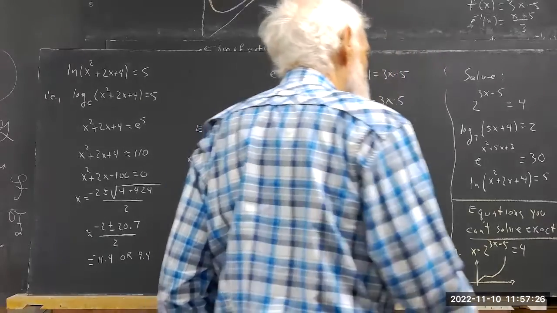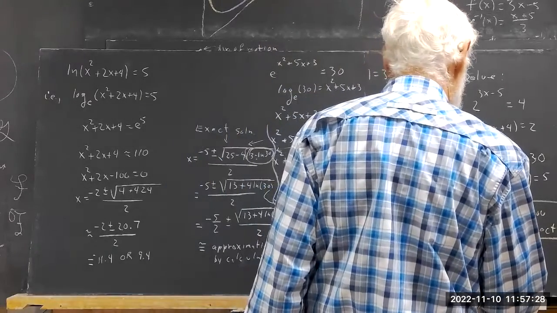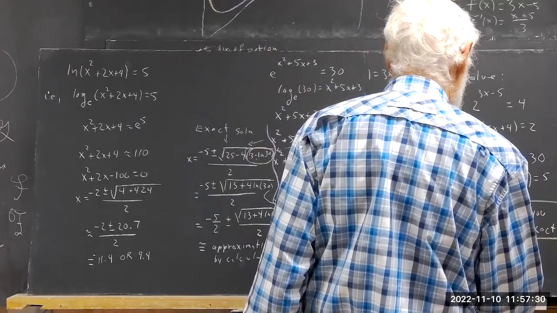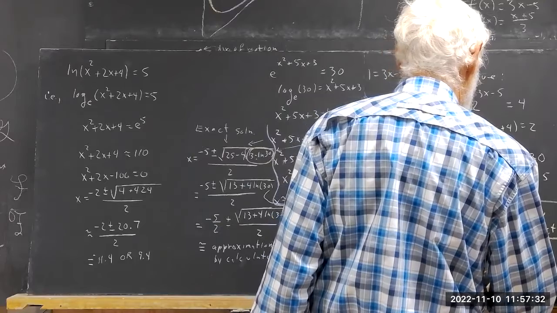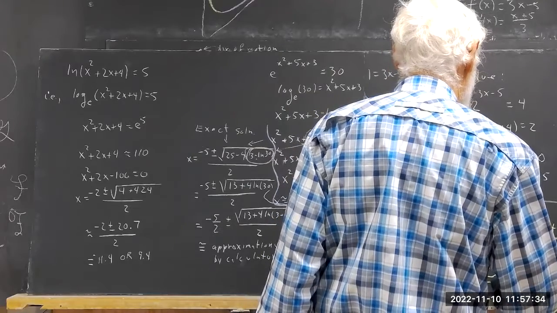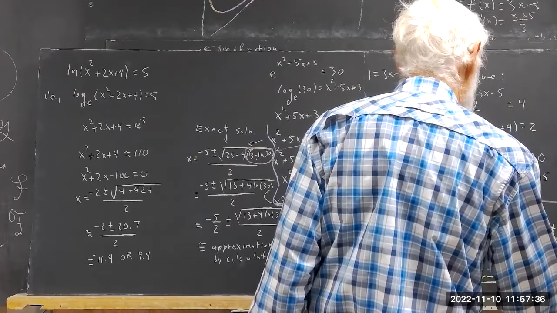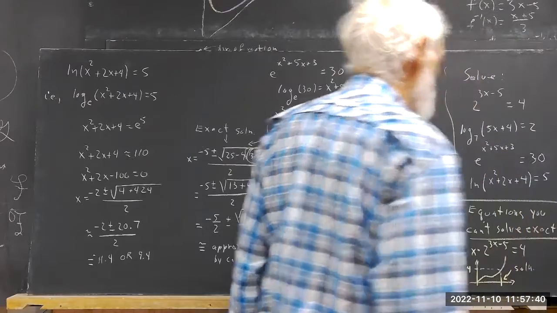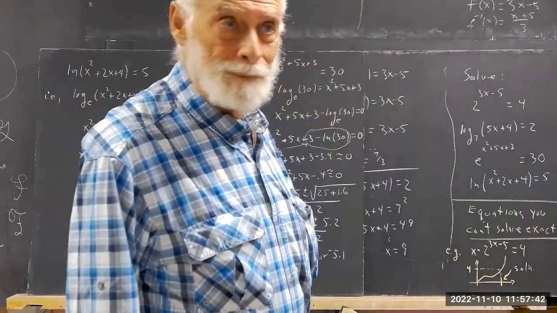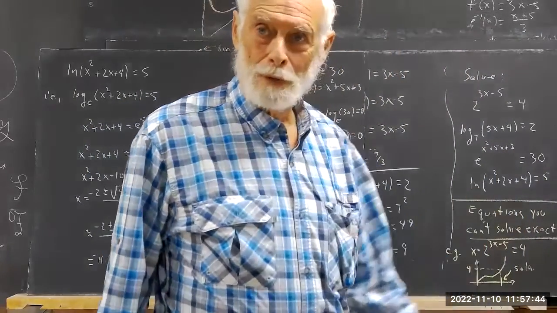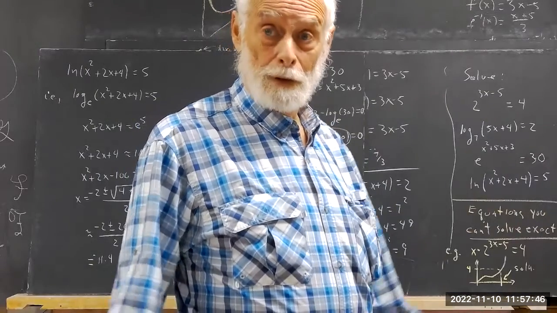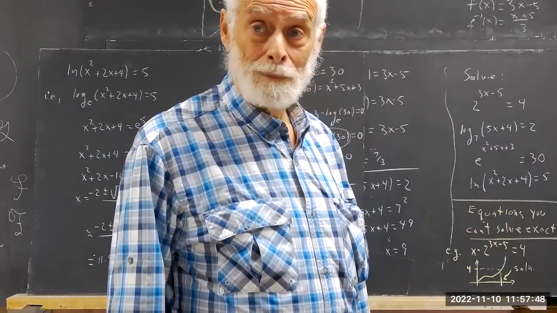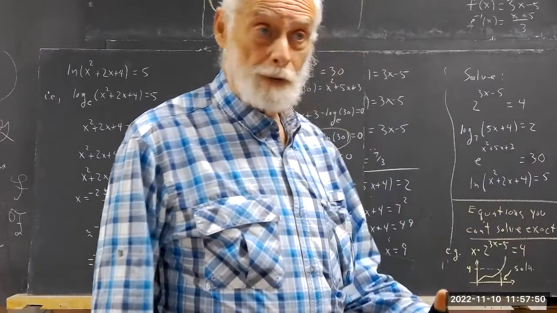So what you do then is you put y equals 4 here. Project over and down. And here's your solution. Just like we've done with graphs many times early in the course, with the basic functions.